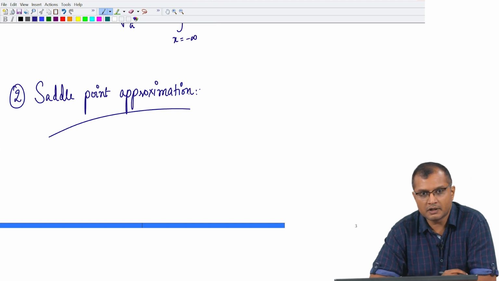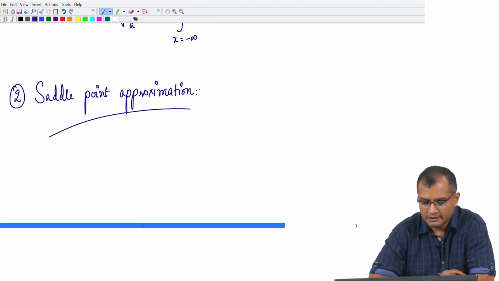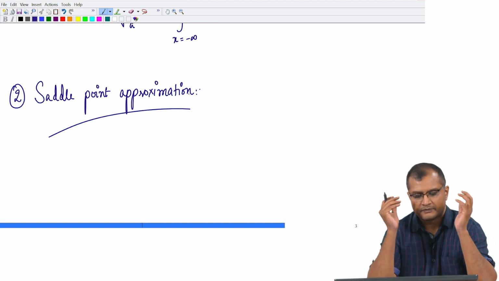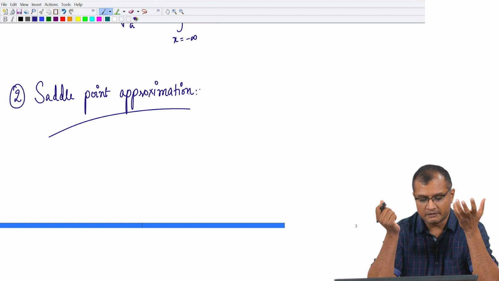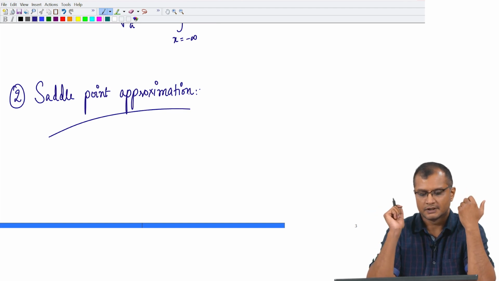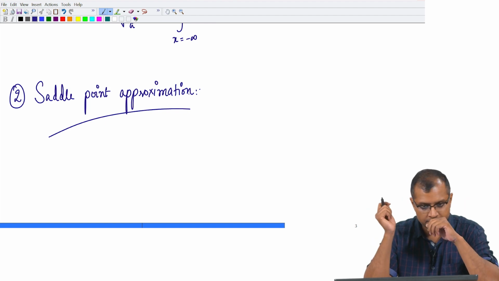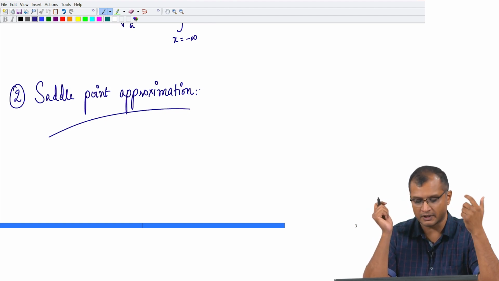So, this was an important topic that we deferred for a separate lecture, and you have to recall some of the concepts that we discussed in the second chapter, where we have used the saddle point approximation, especially in the computation of entropy for an ideal gas system.